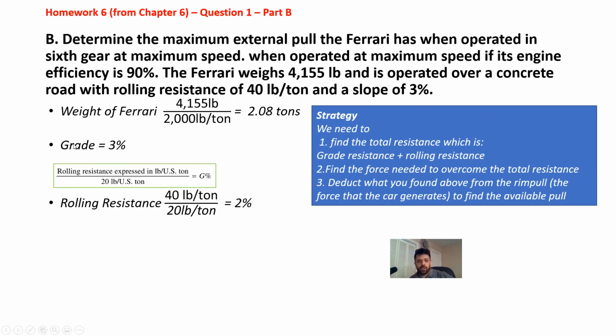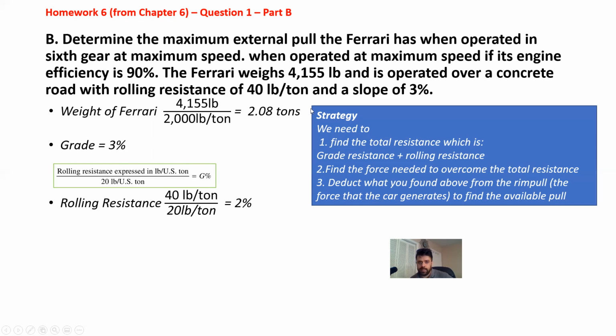So let's see, the rolling resistance is what? We have this rule that if the rolling resistance is given based on pound per ton, you could easily convert it into the equivalent gradient.